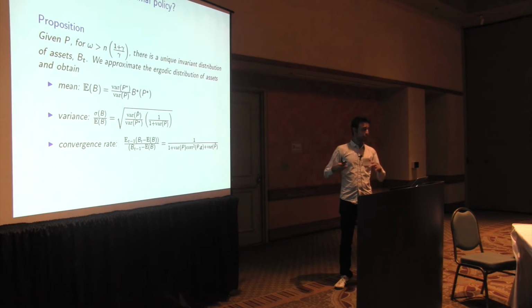All these are properties of the ergodic distribution of debt. Once you know what happens to assets, you can figure out what happens to tax rates and other things. The variance around this level is given by the size of the orthogonal component.